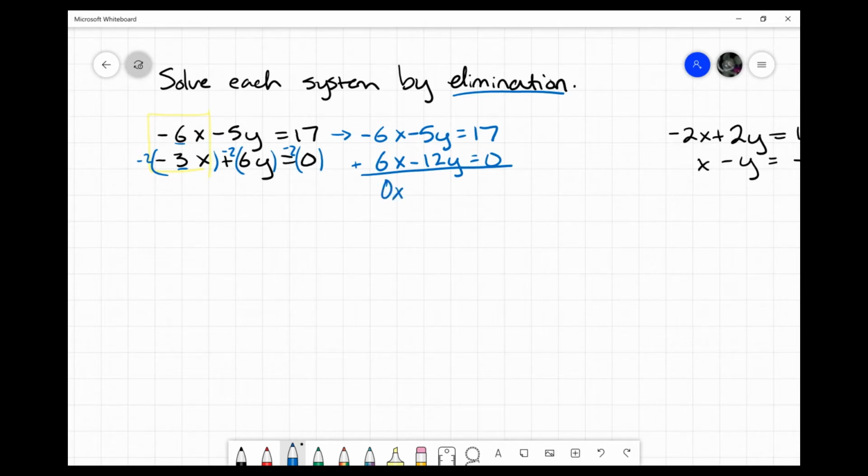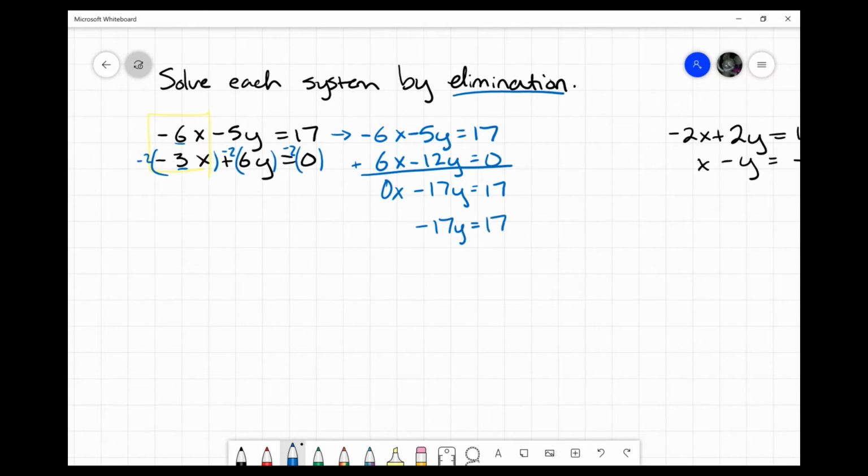So that is now gone. We've been able to eliminate the x's. Negative 5y plus a negative 12y is negative 17y equals 17 plus 0 is 17. This process has brought us to having negative 17y is equal to 17.